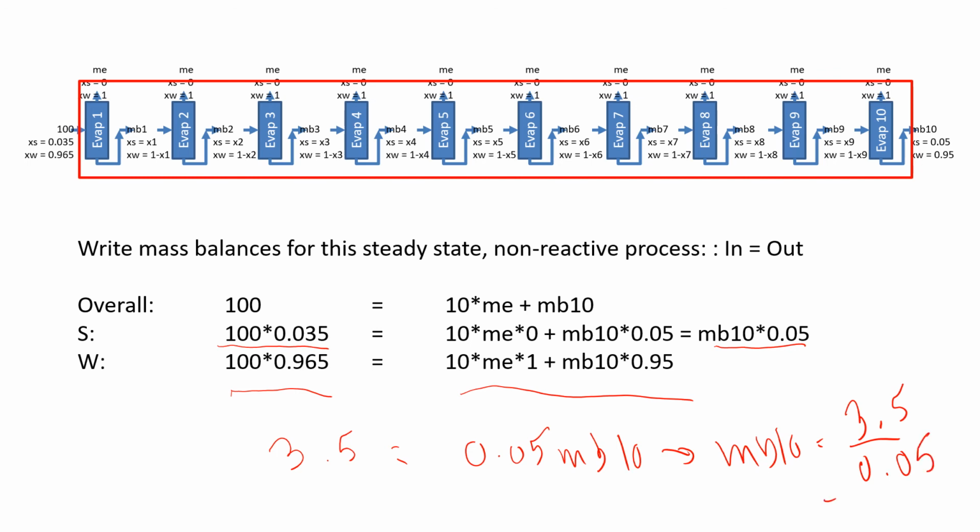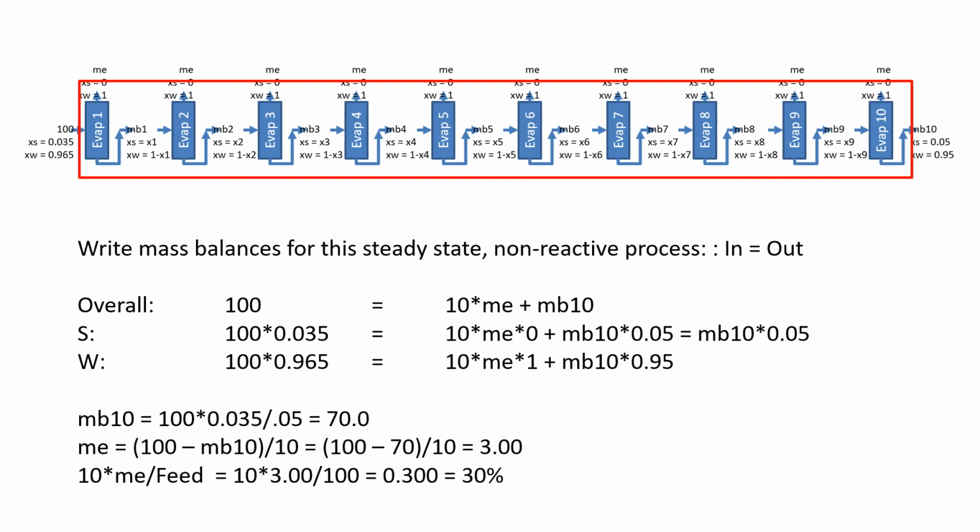If you do that, you get 70. I've tidied that up here for you. That MB10 is just 100 times 0.035 divided by 0.05. That's equal to 70. We can calculate ME from the overall balance.